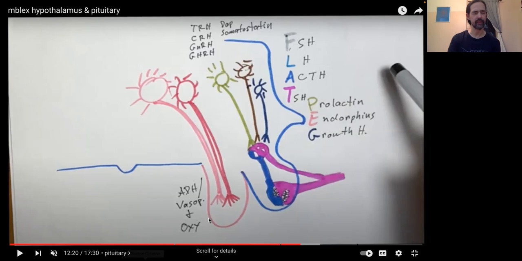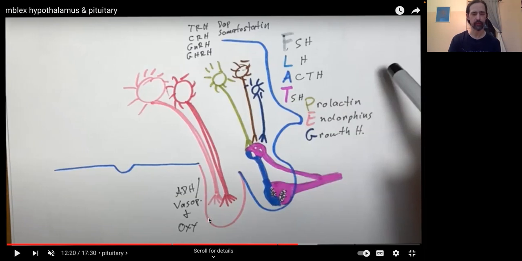Oxytocin, I believe, is categorized as a type of endorphin. It's a feel-good hormone. It also creates bonding between human beings, or a feeling of bonding in the brain with someone else or with a pet.